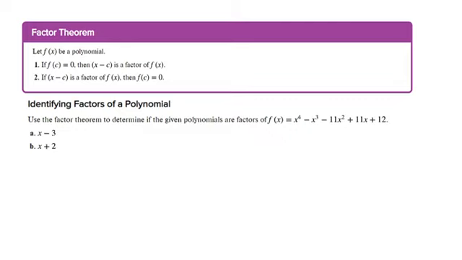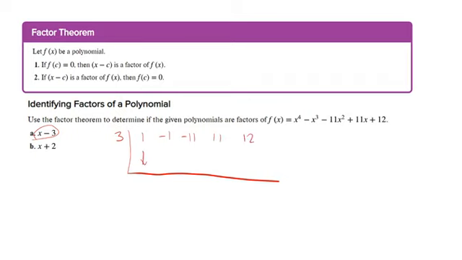So we're going to use the factor theorem to determine if these polynomials are factors of this polynomial. We're going to use synthetic division. We have x minus 3, so if this is x minus c, we want to use positive 3. And then we're going to write our coefficients, 1, negative 1, negative 11, 11, and 12.